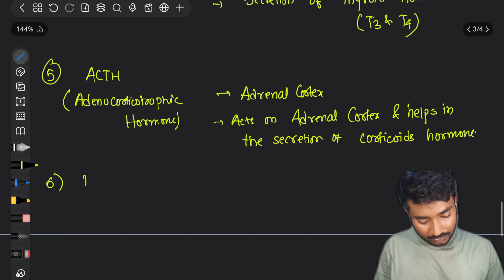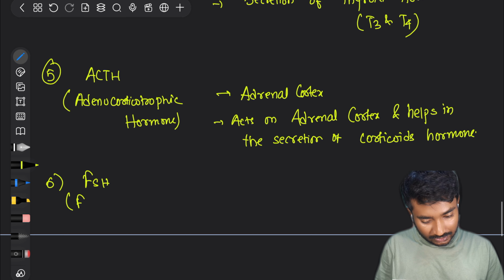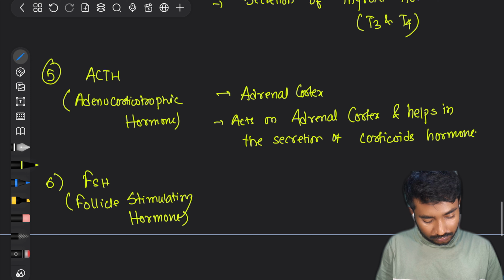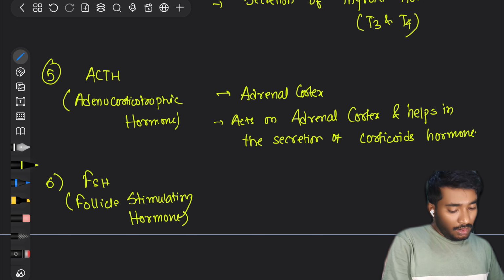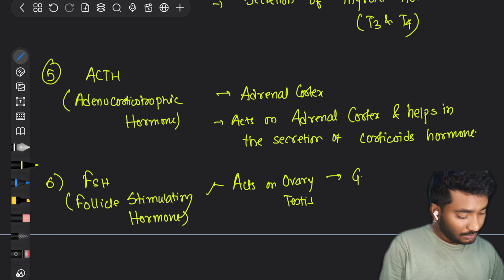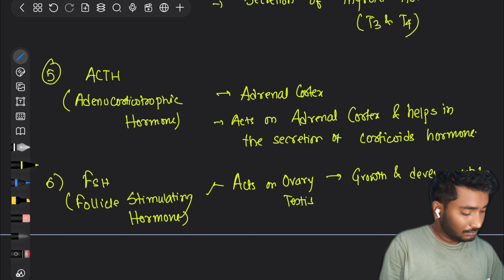The 6th one is FSH, that is the follicle stimulating hormone. Acts on ovary and testes. Growth and development of ovarian follicles.